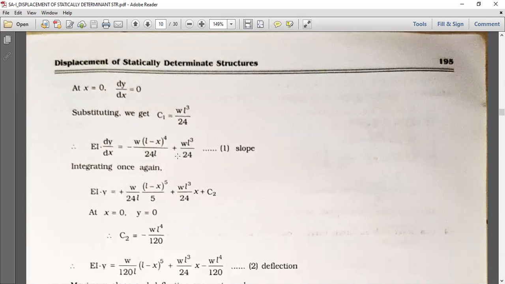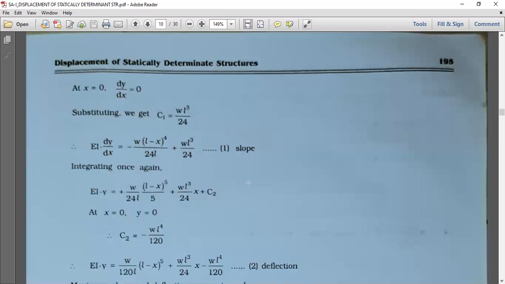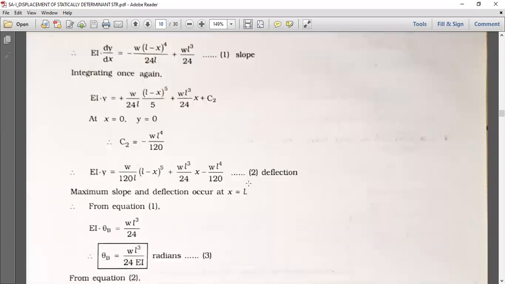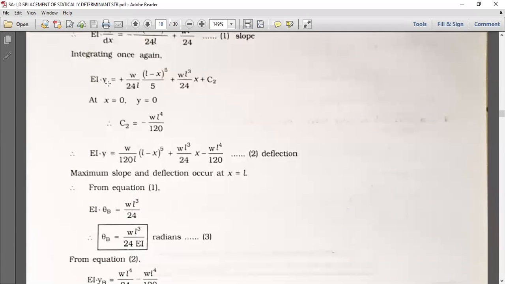So these are our equations. To find deflection, we have to again integrate it. EI into y is equal to W by 24L into (L minus x) raised to 5 divided by 5 plus WL cube divided by 24 into x plus C2.